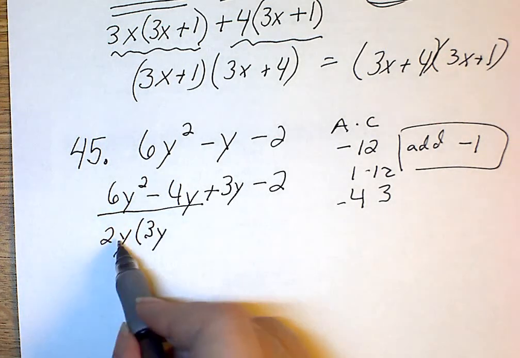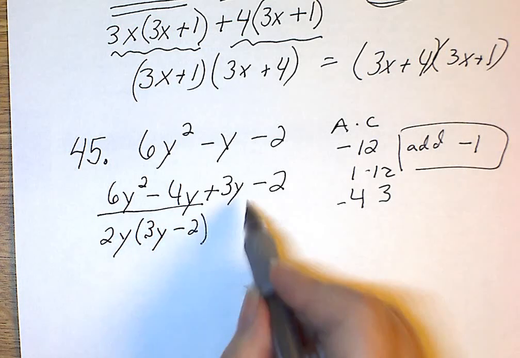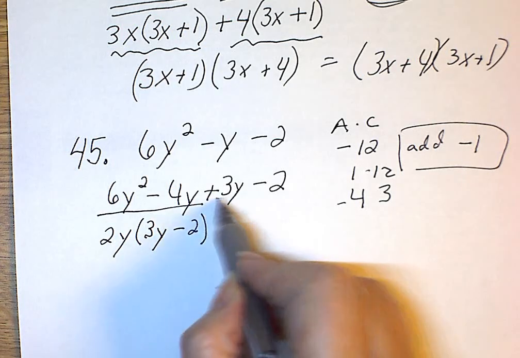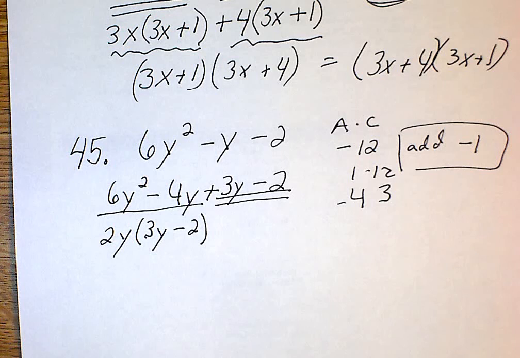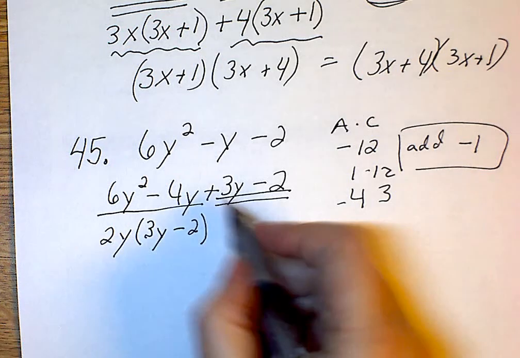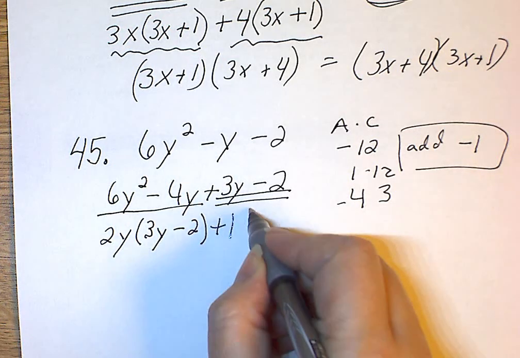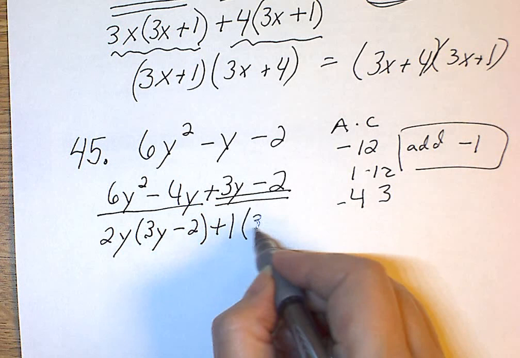Very good. What's in common with 3y minus 2? A 1. So you pull out a plus 1, and what do you have left? 3y minus 2.